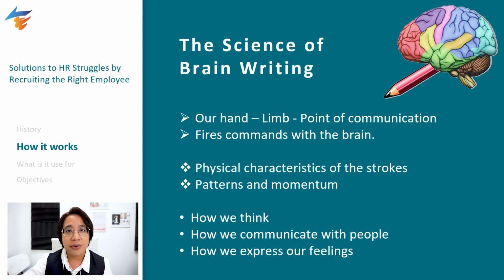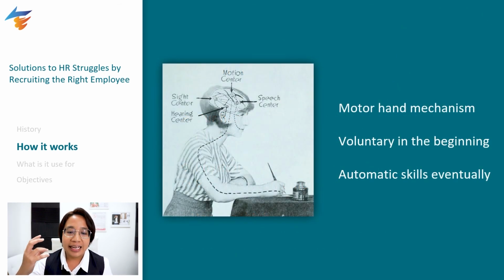So this is like firing commands from the brain. The physical characteristics of the strokes are also shown in the patterns and momentum of your handwriting. How we think, how we communicate with people, and how we express our feelings can all be shown on the paper. So this is like a motor hand mechanism.